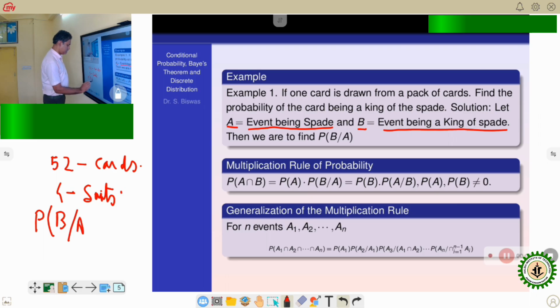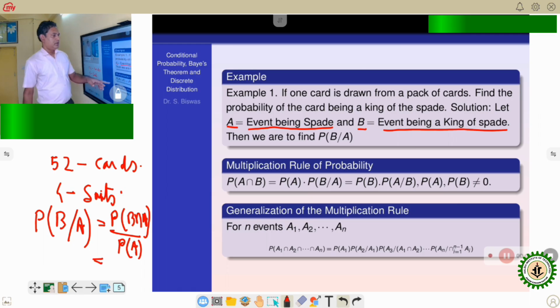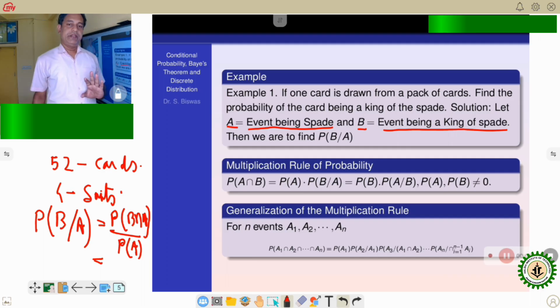Now, just now, as we have seen the formula, this can be written as P(B intersection A) by P(A). Now, P(B intersection A) here means king of a spade.